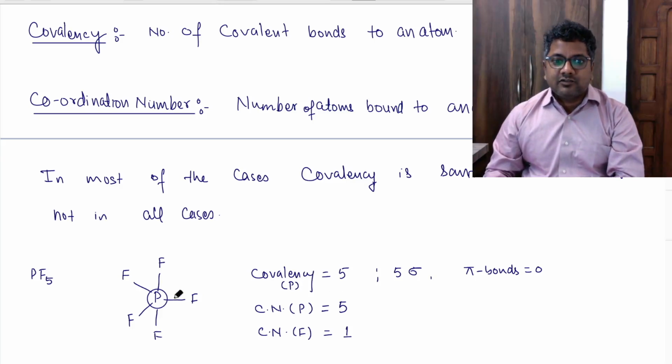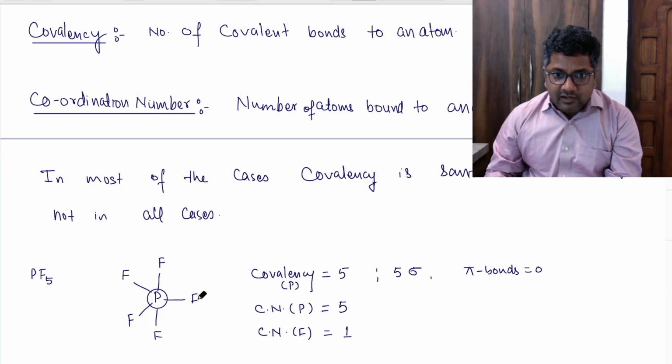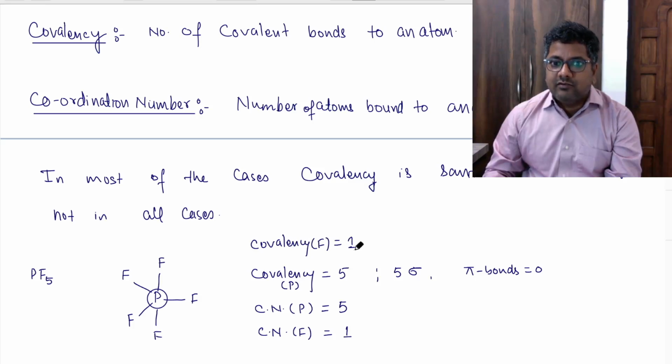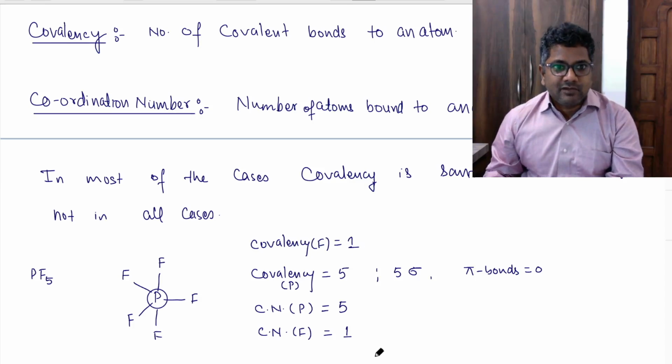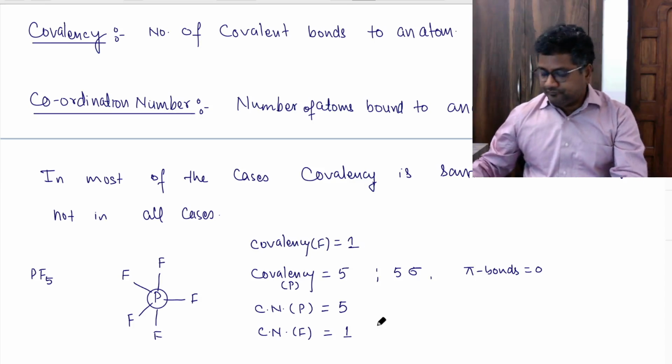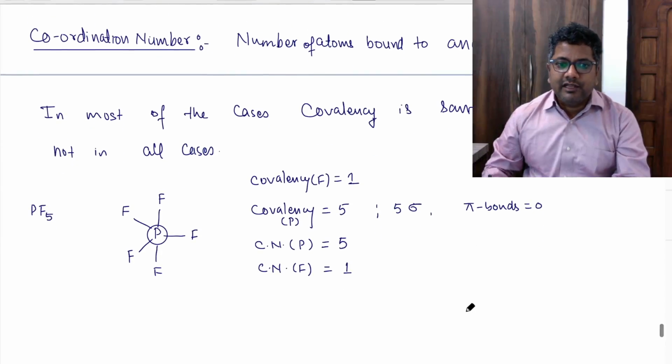And if it is asked covalency of fluorine here, this is 1. Covalency of fluorine is equal to 1. Right? Clear?